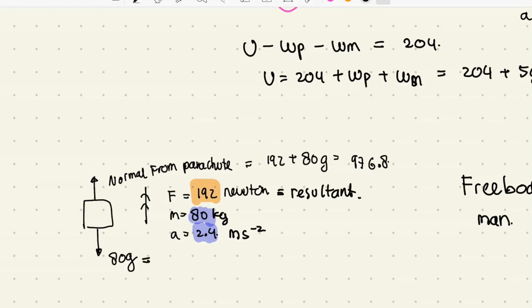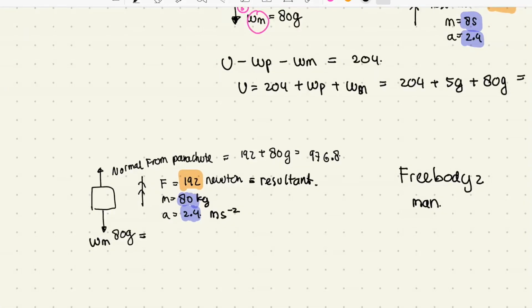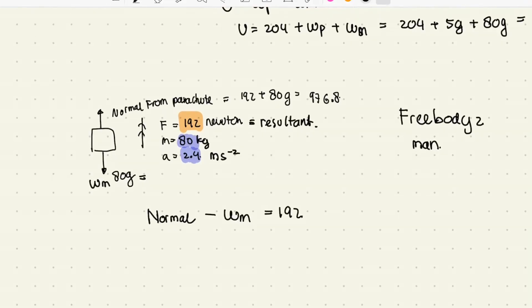There are two forces only: normal from the parachute and the weight of the man. Free body number 2 is man only. So normal minus Wm is equal to 192.